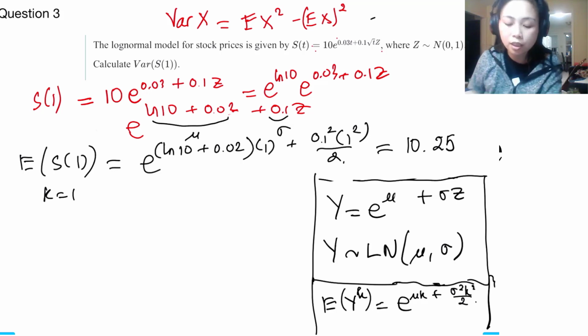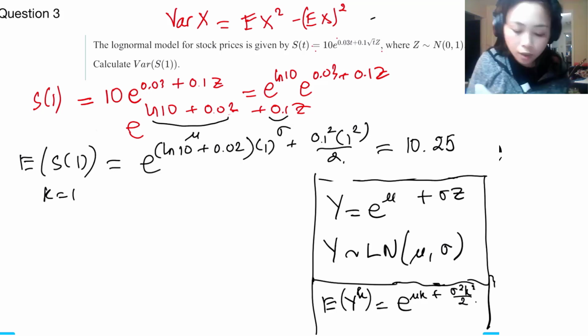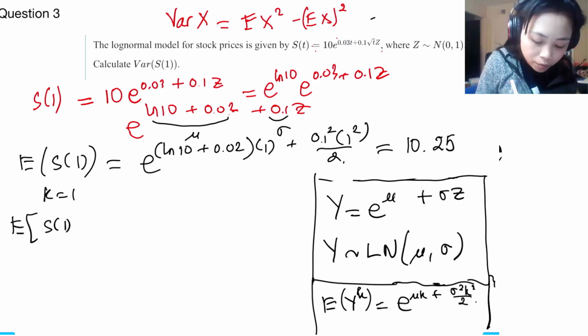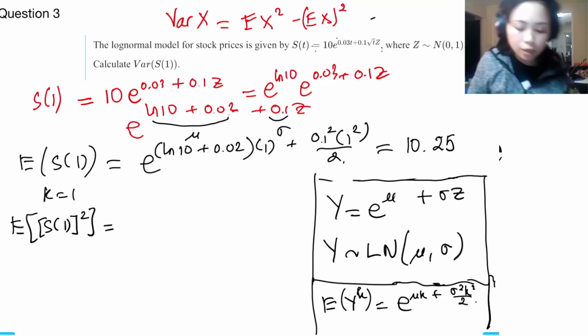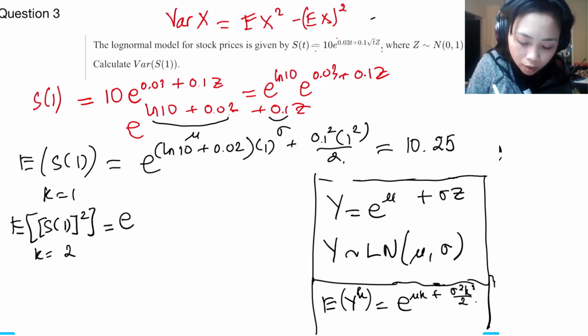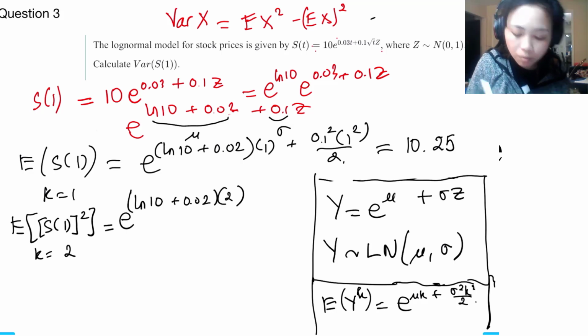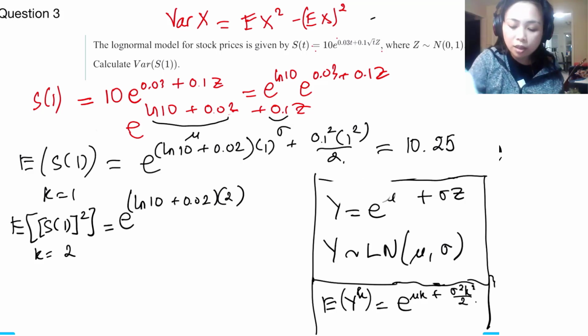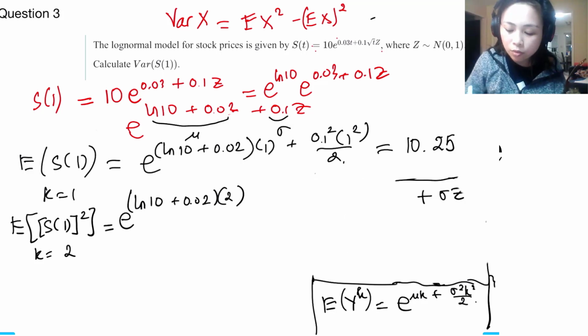I need more space, so I'm gonna erase this one. Alright, and then plus sigma is 0.1 square times 2 square over 2. And the answer here is, let's see, natural log of 10 plus 0.02, then times 2 plus 0.1 square times 4 over 2 is times 2.